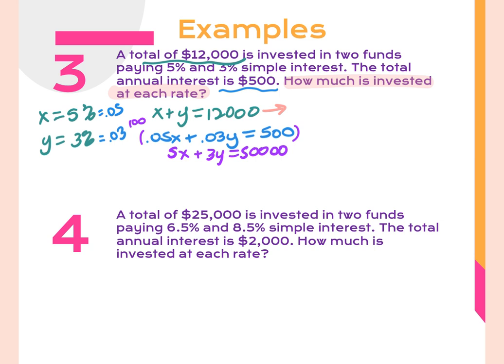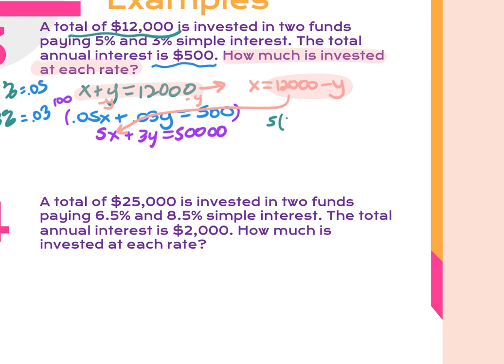So if I take that first equation and I subtract the Y, I get X equals 12,000 minus Y. And then 12,000 minus Y is going into the X on the second equation. So I get 5 times (12,000 minus Y) plus 3Y equals 50,000.